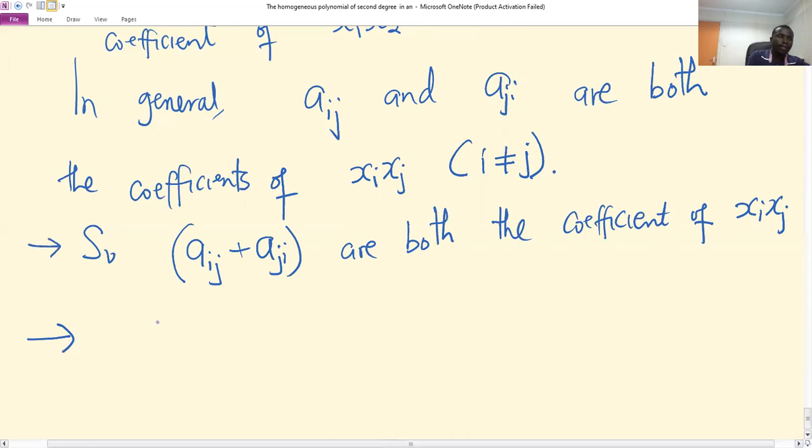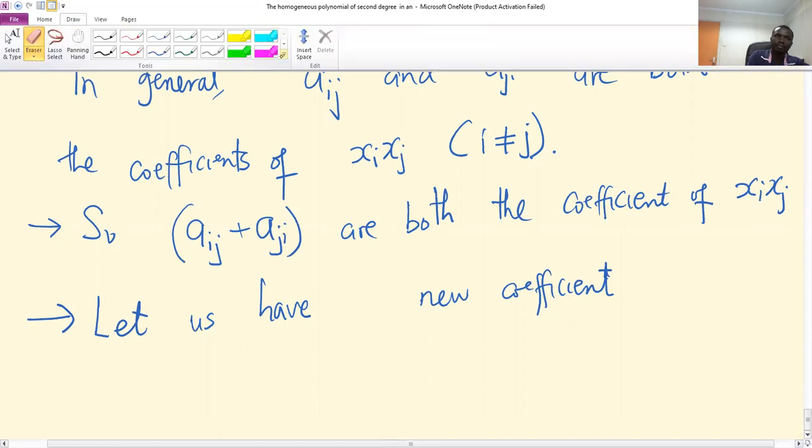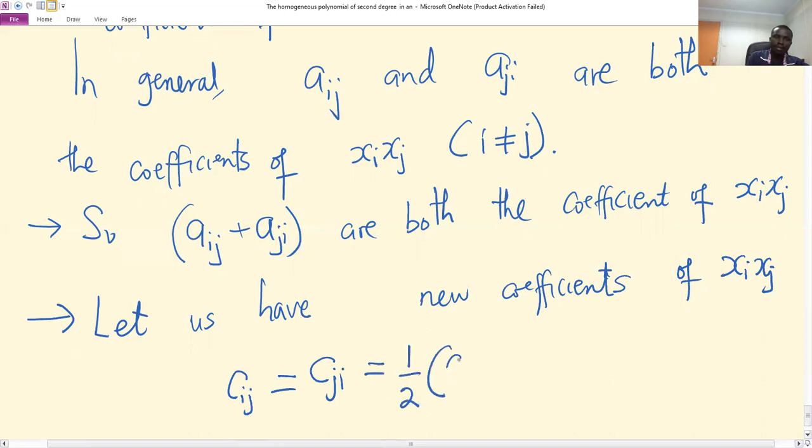Now, with this, we can say if we let us have new coefficients of xi xj as cij, which is the same as cji, and we define it as a half of aij plus aji.